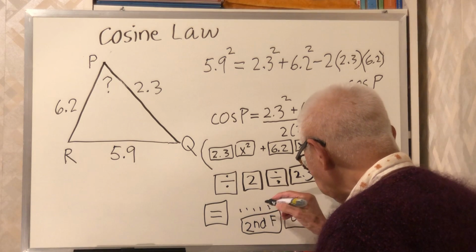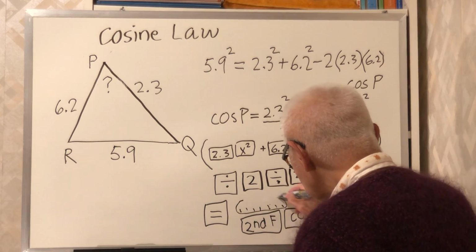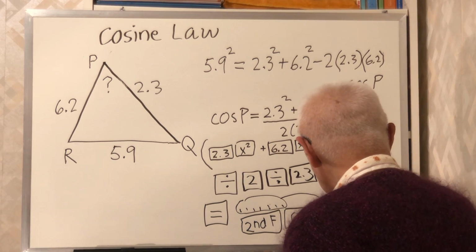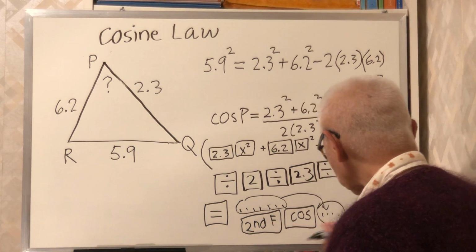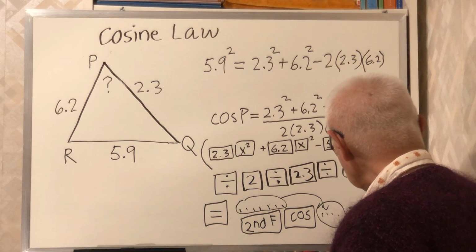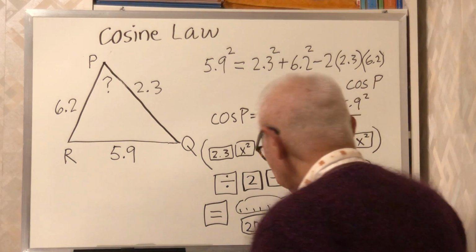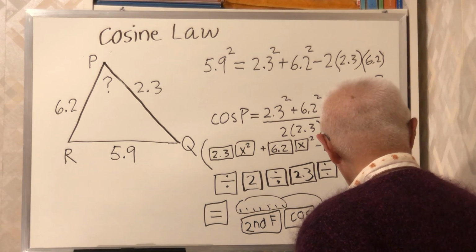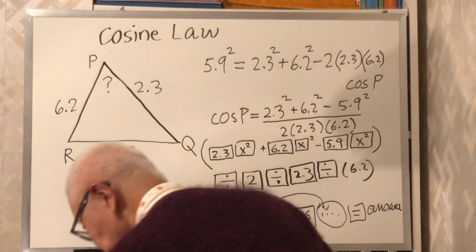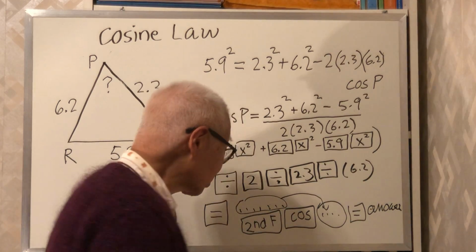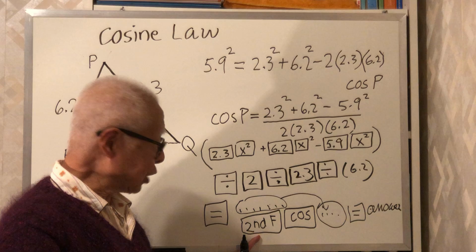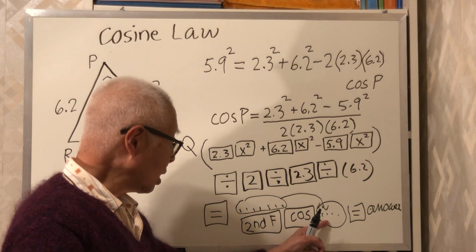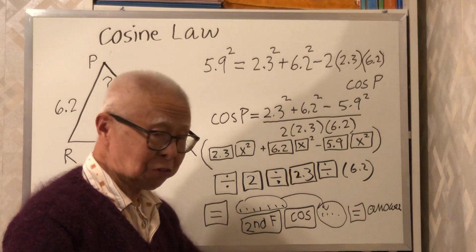Then you enter this number here. Enter this number, and then press equal sign. You get your answer. Okay? So you want arc cosine. Arc cosine is second function cosine. Put this number after that. Press the equal sign. You get the final answer.